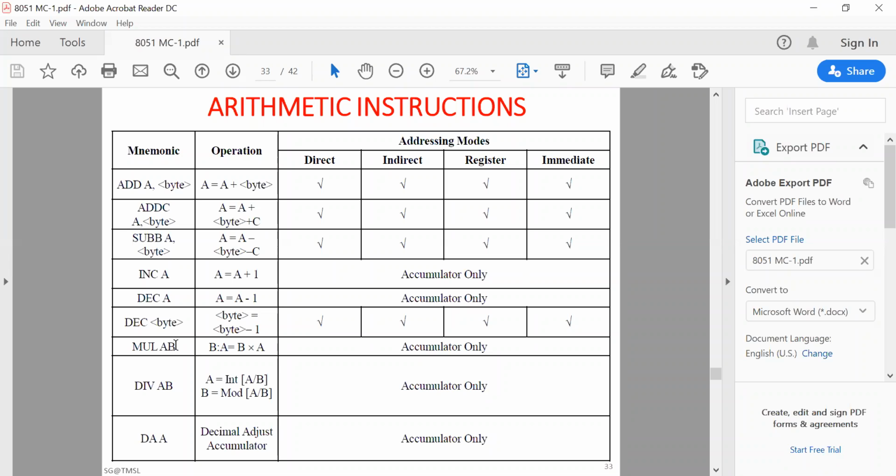In case of division operation, DIV AB, A stores the quotient and B stores the remainder. Decimal adjust accumulator is also possible.